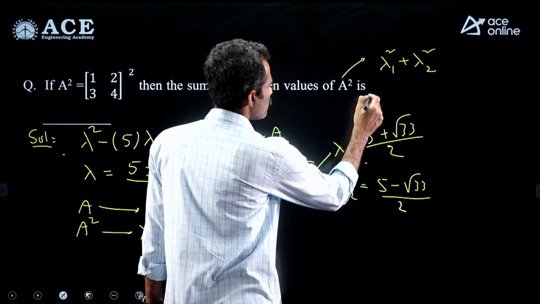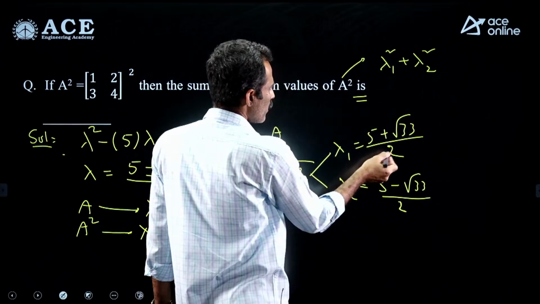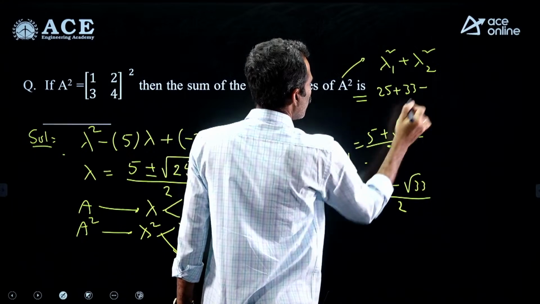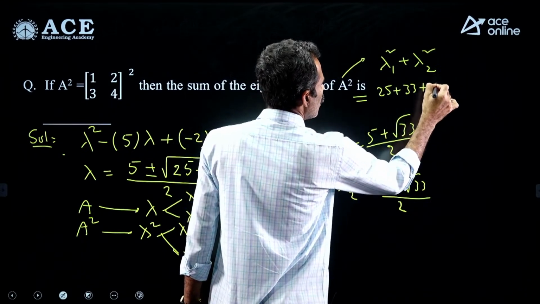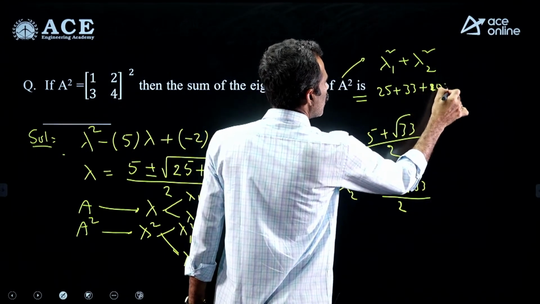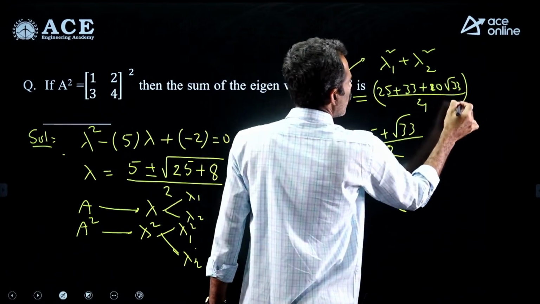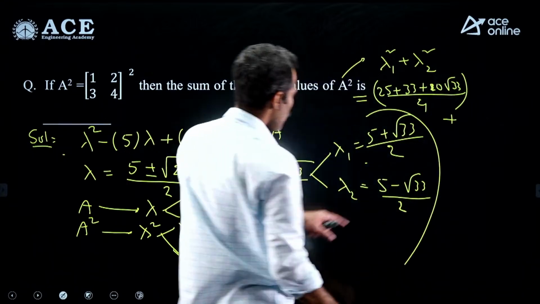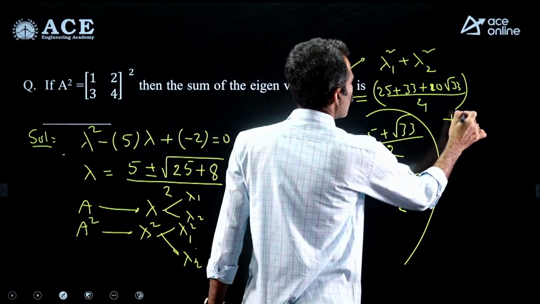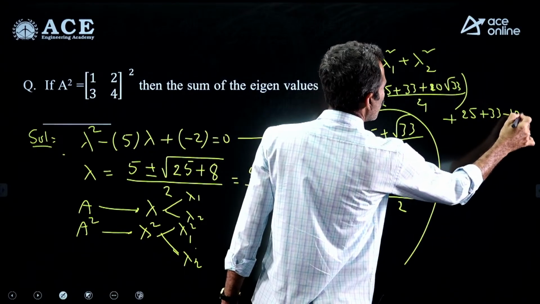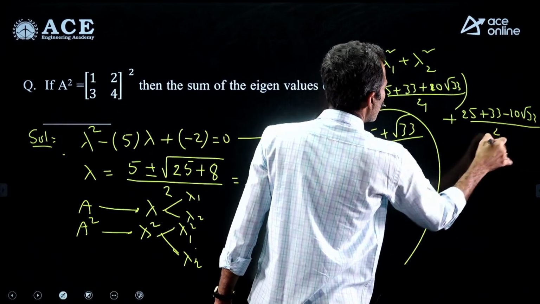Square of this is 25 plus 33 plus 2 into 5, that is 10 root 33, by 4. Next, plus again the square of this, that is 25 plus 33 minus 10 root 33, by 4.